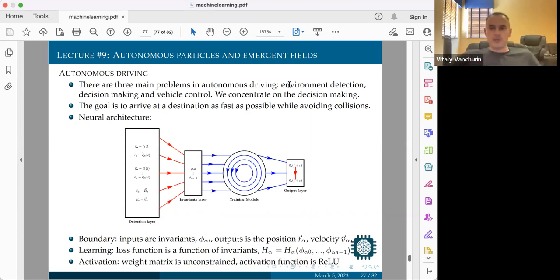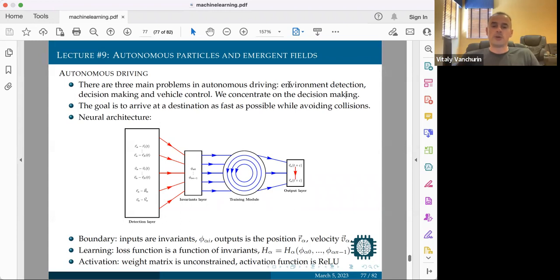You still have lots of information. You have a lot of cars around, and all this information has to be compressed. It has to be coarse grained. Why? Because there are very few things you can do. You can just steer the wheel and brake or accelerate. So we know about that, and we look for symmetries, and some symmetries are apparent. They just come from the Galilean symmetry of physics, right? We know that the laws should not depend on rotations or shifts; they are the same everywhere.